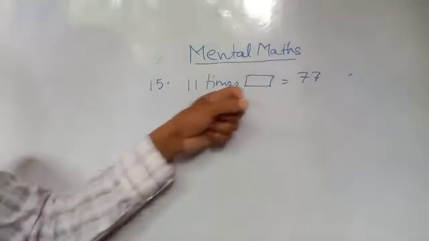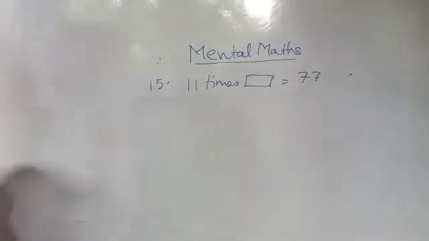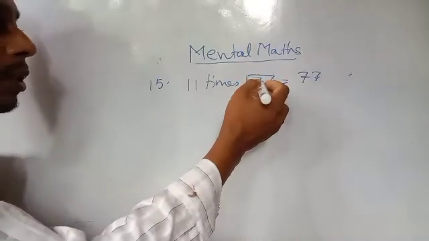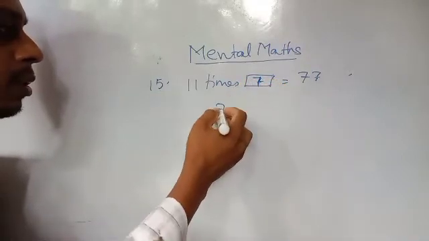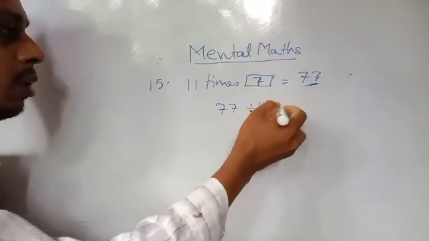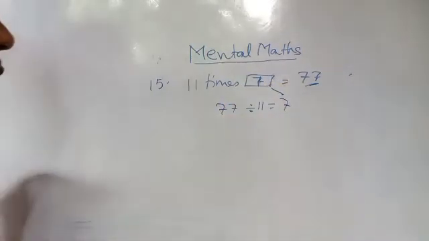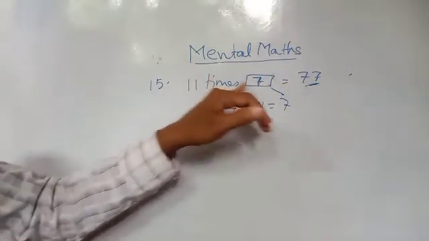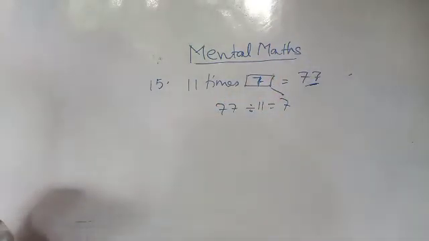So here a number will be multiplied by 11 to get 77. So 7 into 11, 77. You get 7 by dividing 77 by 11. So 11 times 7 is equal to 77.